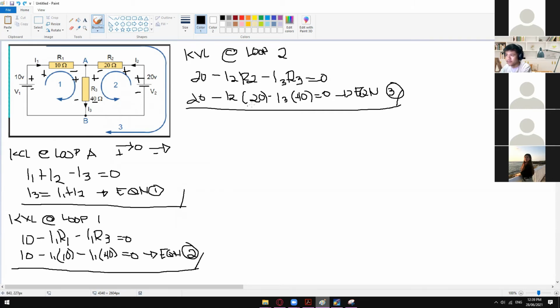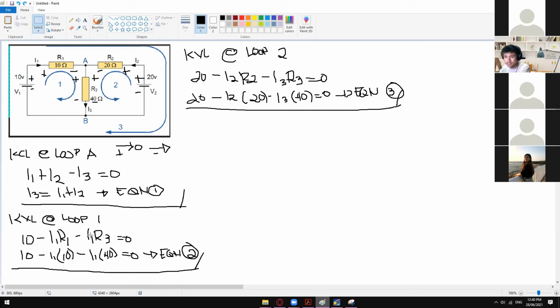Before we can do that, if you take a look at our missing variables, for the equation number 2, we have the I1. Oops, my bad. So this is not I1. This is I3, because we have the current on this RT right here. So this is the I1 and then this is the I3.